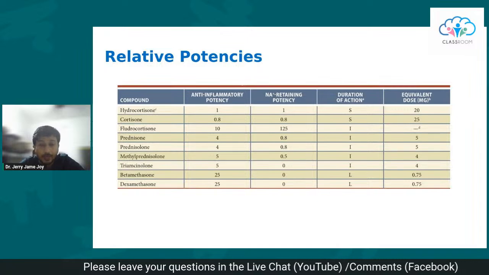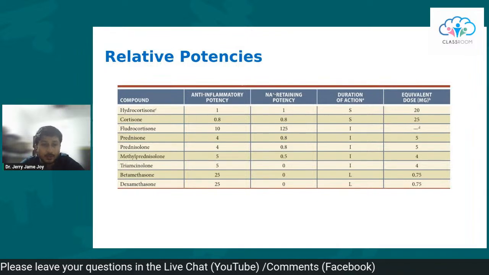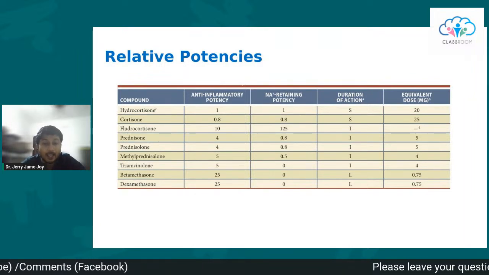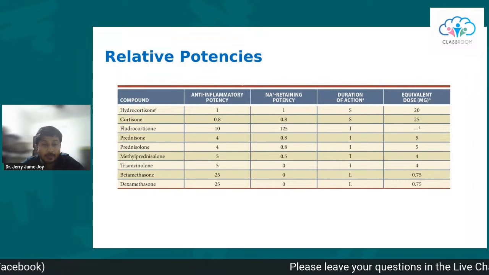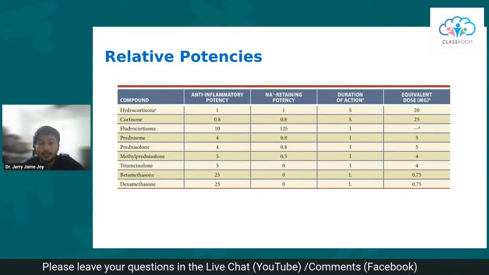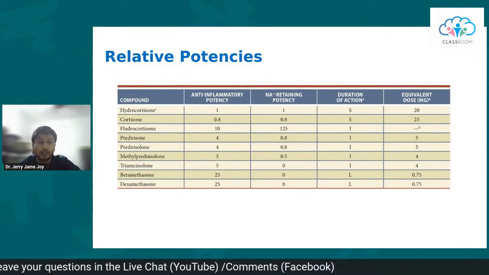It is 125 times more potent than hydrocortisone. Prednisolone is 4 times more potent in glucocorticoid action, and methylprednisolone is 5 times more. Betamethasone and dexamethasone are 25 times more potent in glucocorticoid action. Betamethasone and dexamethasone don't have a mineralocorticoid action.